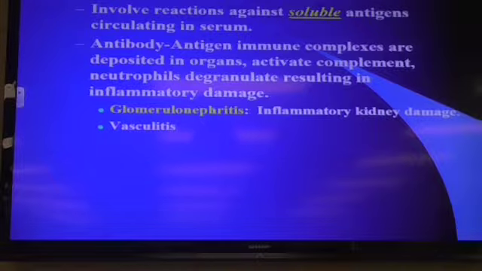Immune complex mediated glomerulonephritis could be due to bacterial or viral infections sometimes, or other immune complexes. Vasculitis is another immune complex mediated disease of the blood vessels, because immune complexes are deposited on the endothelial cells lining the blood vessels, causing inflammation of those arteries or veins, and that's vasculitis.